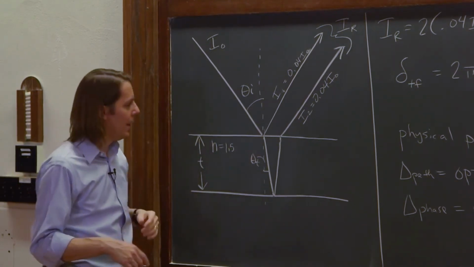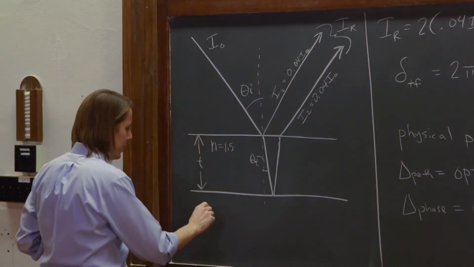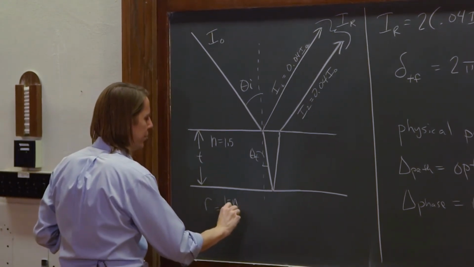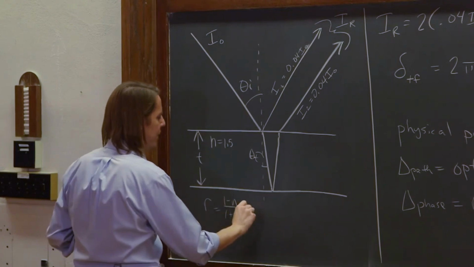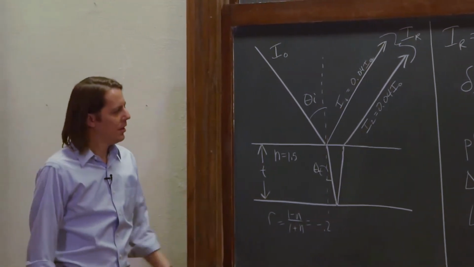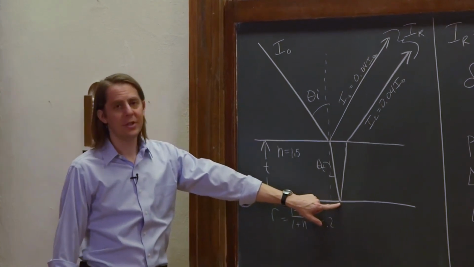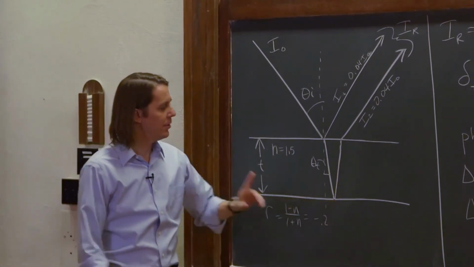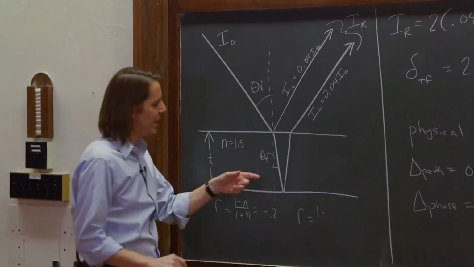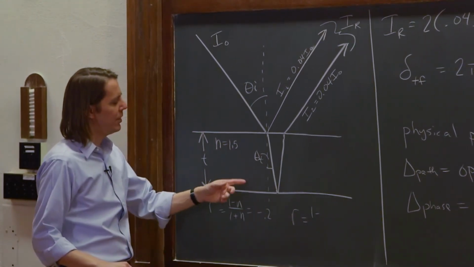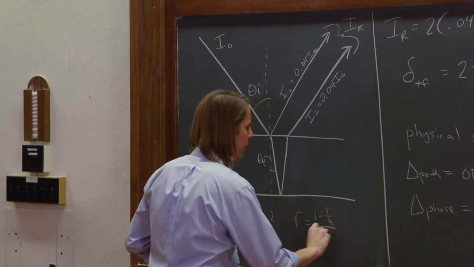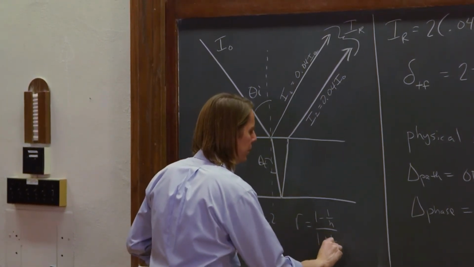Okay. You could also see it by just doing a quick evaluation of little r. It's 1 minus n over 1 plus n, and if you plug in 1.5, you get negative 0.2, right? Here. What about here? Here you actually get no phase shift. Okay, you don't even have to believe me. We can do it real quick. r is 1 minus the index, but now since we're at an internal reflection from high to low, it's 1 minus 1 over n over 1 plus 1 over n.